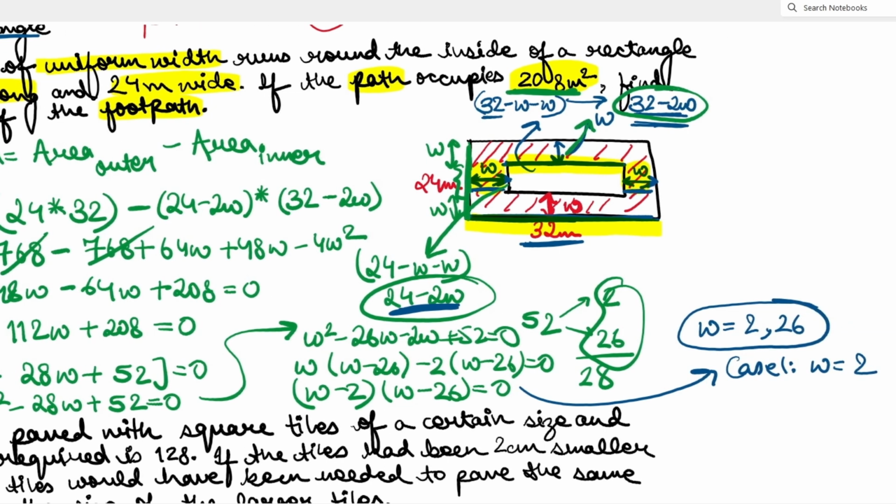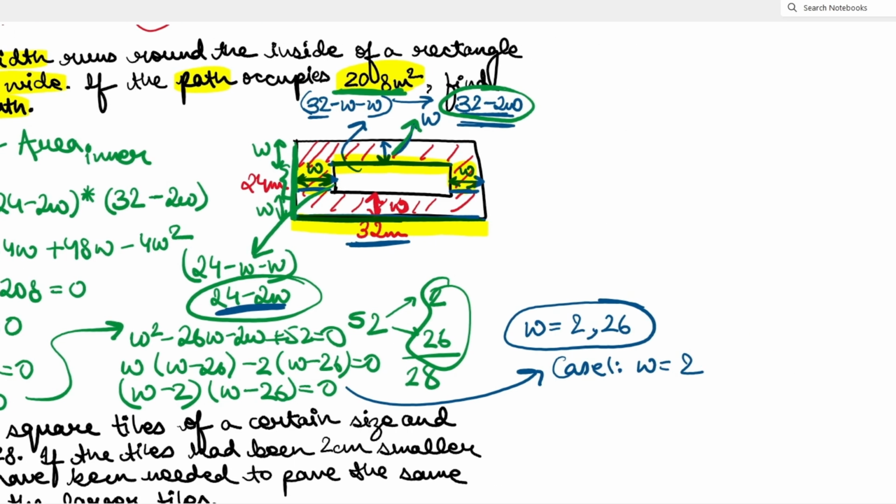If W is equal to 26, then the breadth of the inner rectangle becomes 32 minus 26 into 2. See how this equation came: the inner rectangle has two sides, 32 minus 2W and 24 minus 2W.